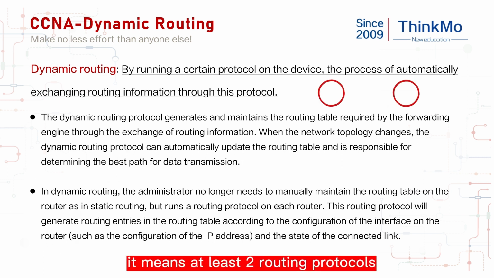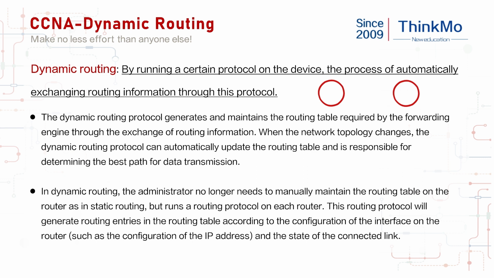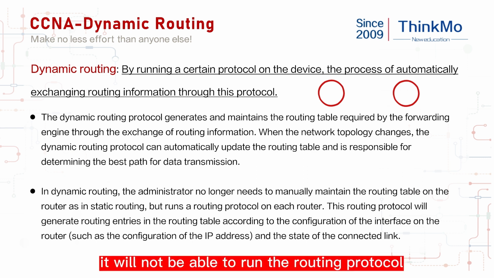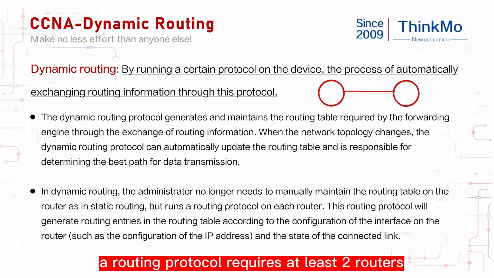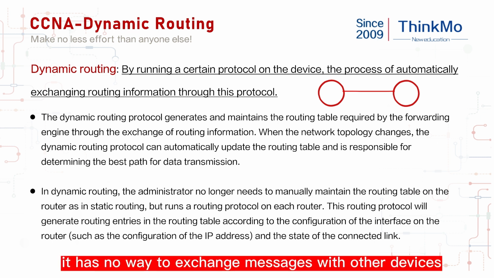It means at least 2 routers. If there is only one, it cannot run the routing protocol, because a routing protocol requires at least 2 routers. Turning it on for one router makes no sense, as it has no way to exchange messages with other devices.